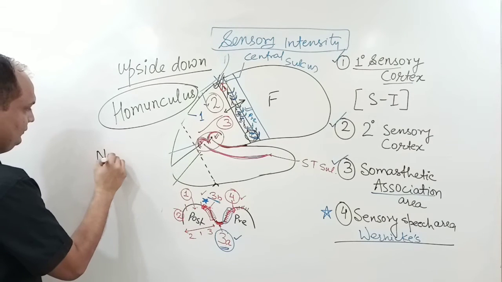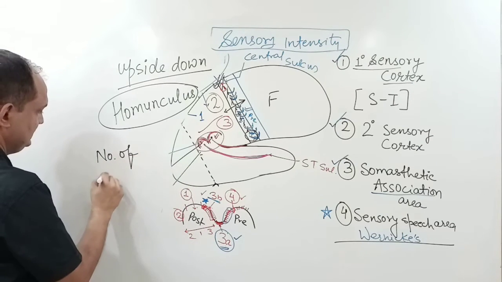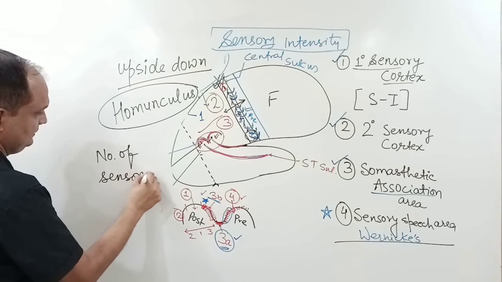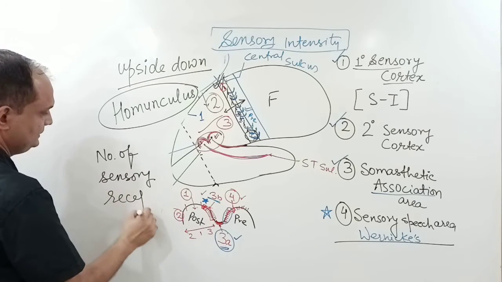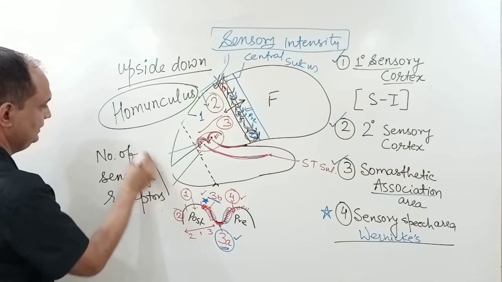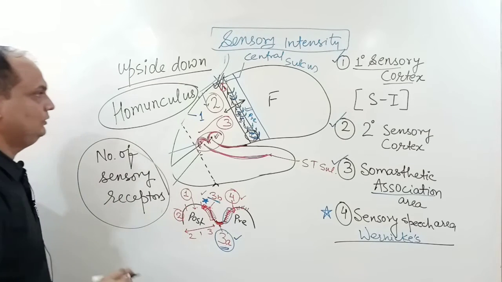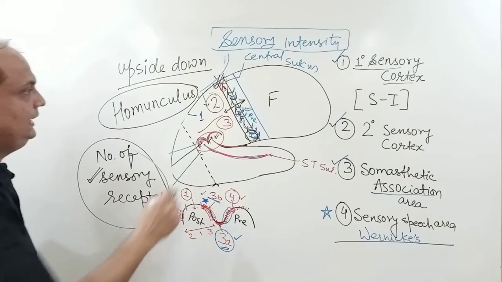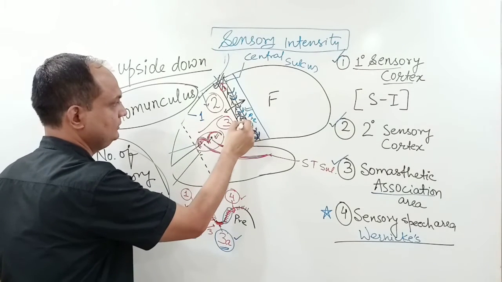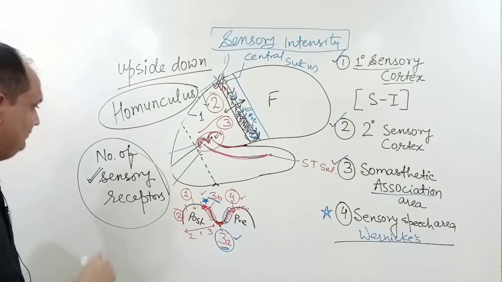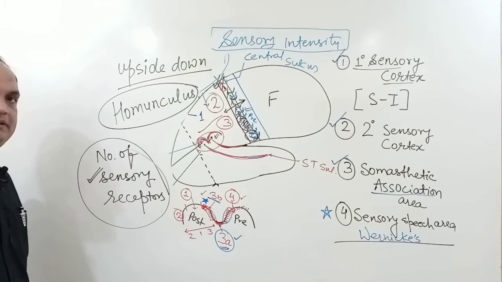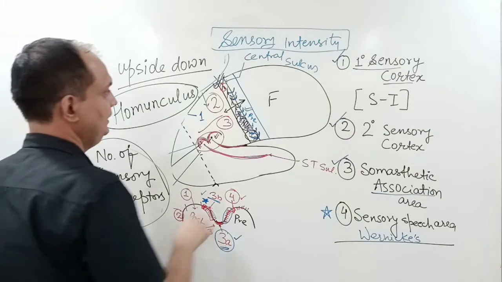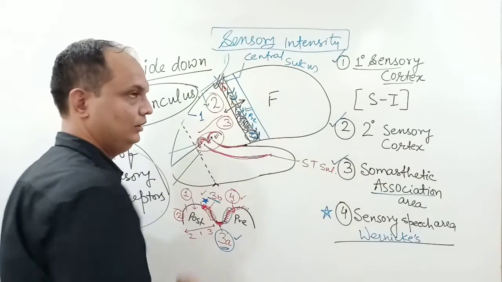So you will find that the representation of the body areas is here, and that representation depends upon the number of sensory receptors present in the body part. If you have more sensory receptors, the area occupied in the sensory cortex is also large. If you have fewer sensory receptors, the area representing it in the sensory cortex is small.